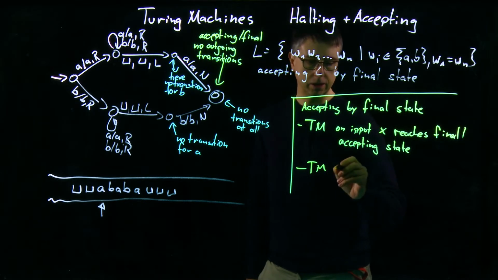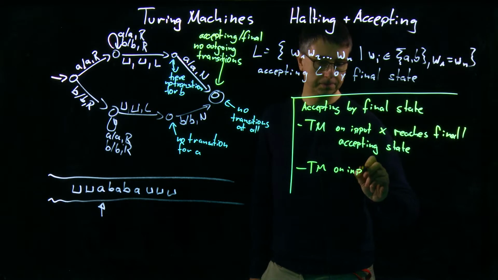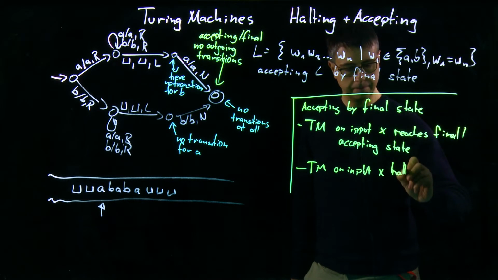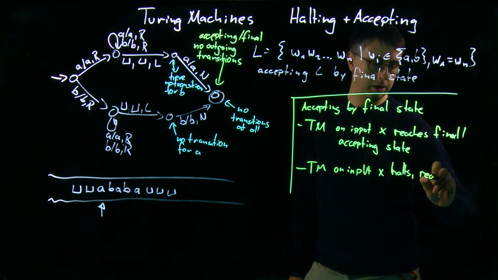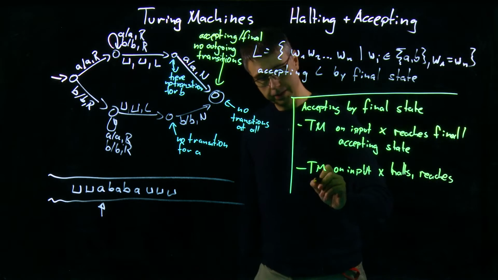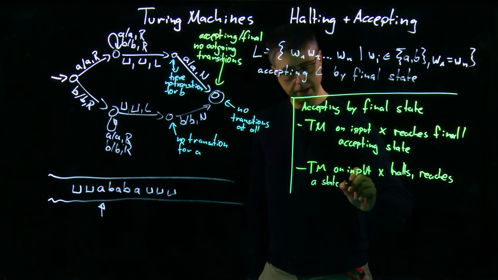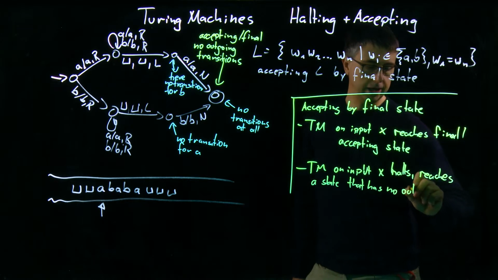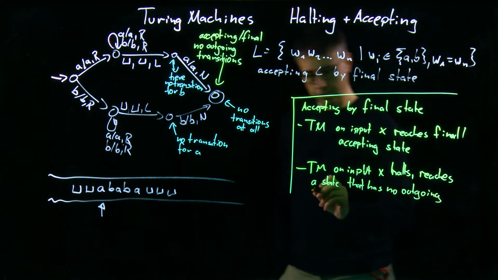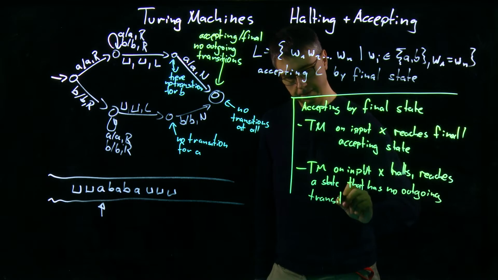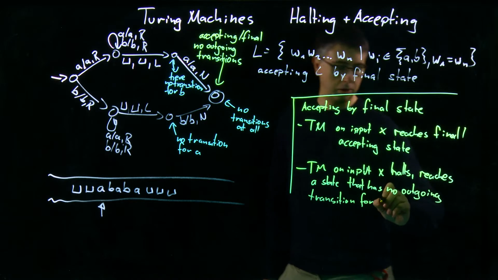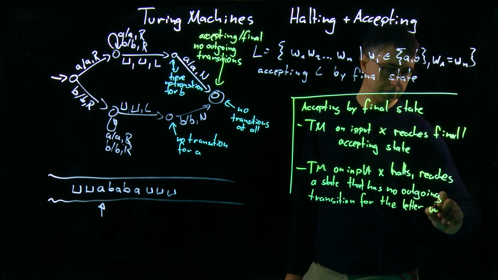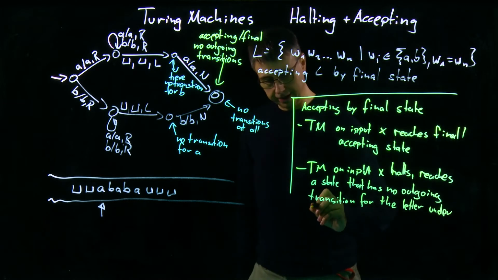Second possibility is the Turing machine on input X halts, and this means it reaches a state that has no outgoing transition for the letter under the read-write head.